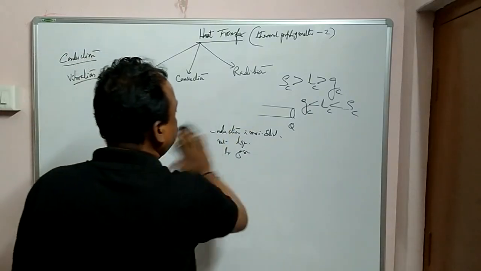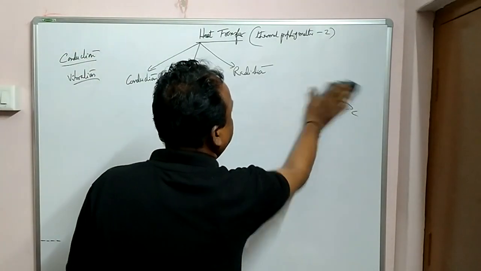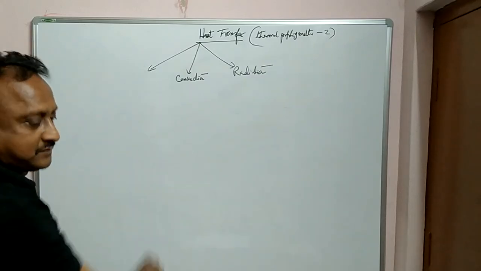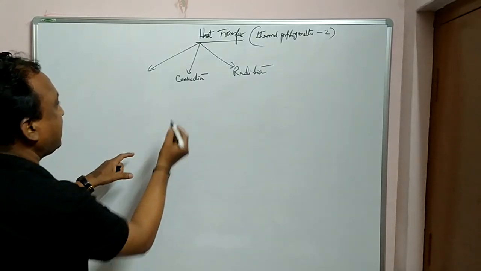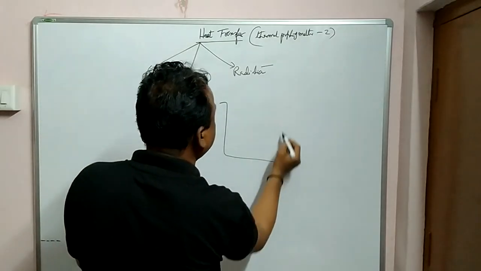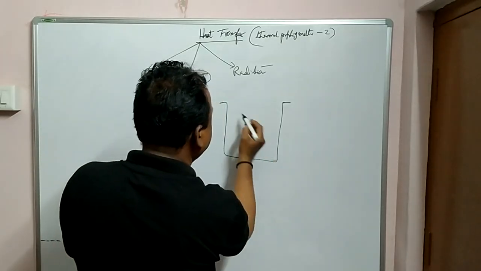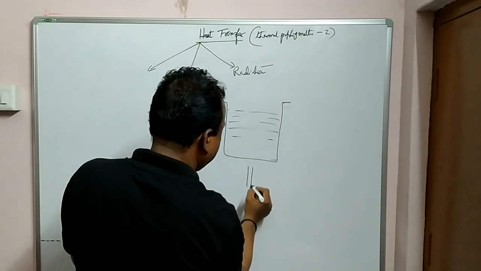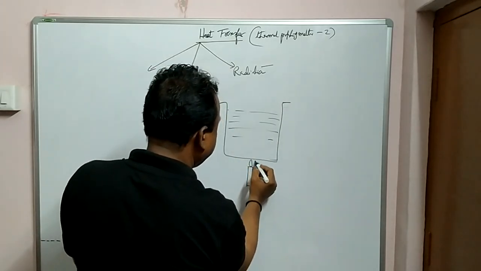Now let us go to the second method, that is the convection method. Let us see how it happens in convection. So what is the convection method? For this I have to take an example of boiling water. For example, this is a vessel filled with water. Suppose here it is heated.